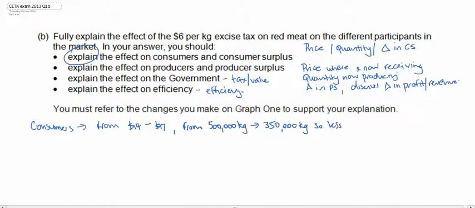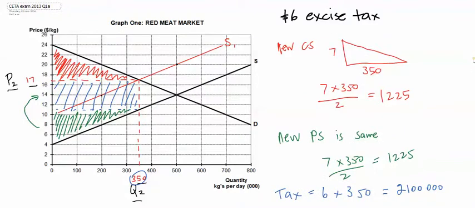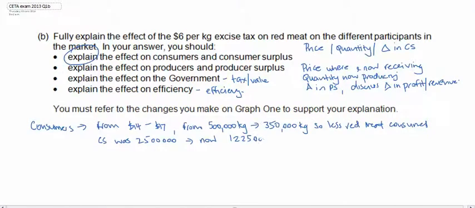So less red meat consumed. CS was 2.5 million. Now 1225, is that right? 1225, yeah. So less consumer welfare. And well, generally you have to say consumers are worse off.